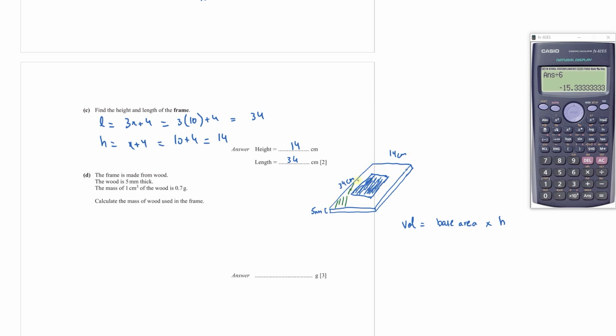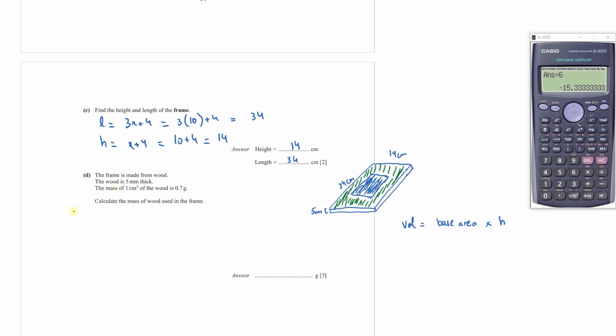And if I subtract the blue area, this is the green area remaining after that, right? So the green area is the one that is part of the frame. The blue is the picture, right? So what I will do is I will calculate the full area of this rectangle, which will be 34 times 14. Then I will subtract the area of the picture that is inside to get this green area, which is the base area of the frame. And then if I multiply it with the height, I will get the volume of this green part. So once I have the volume, I can calculate the mass.